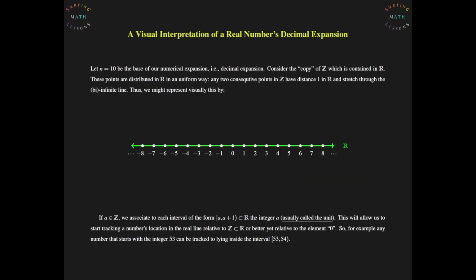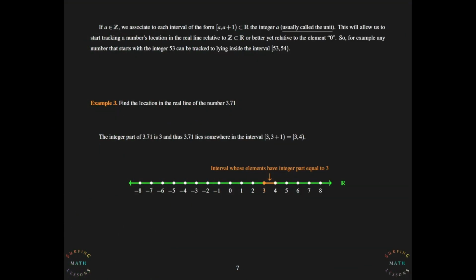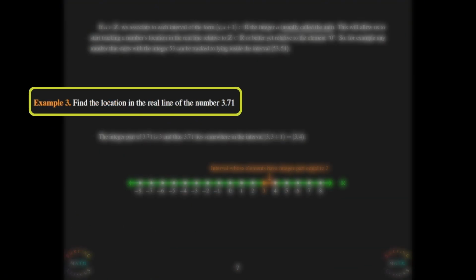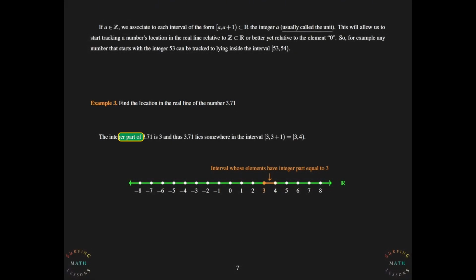Let us consider another example to find the location of the element 3.71 in the real line. Notice that this number's integer part is 3 and thus lies somewhere inside the interval 3-4. This gives us an estimated location. However, we can improve it by making use of the number's decimal places.